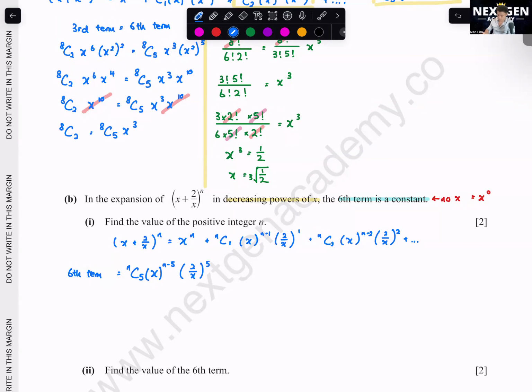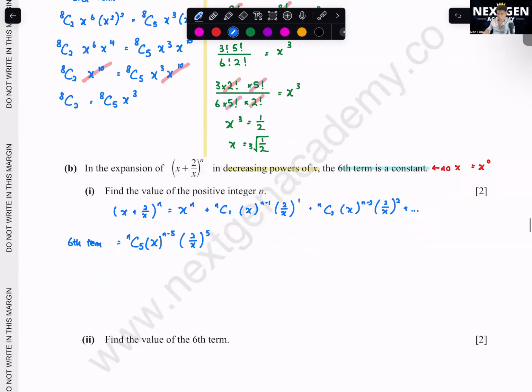From here, let's open it up to see what we need. Let's take a minute first. Do we need to open up? What does this mean: the sixth term is a constant, and we want to solve for n. Maybe let's just open up first so we see the entire equation.